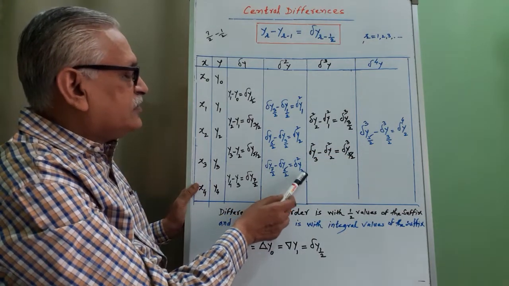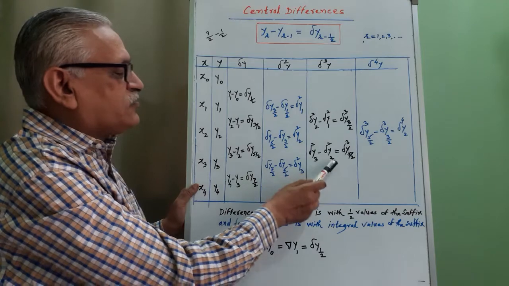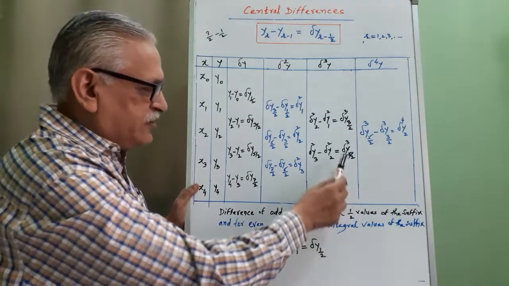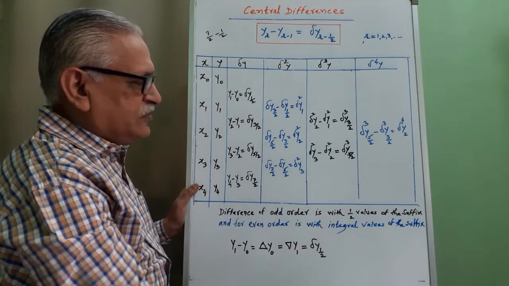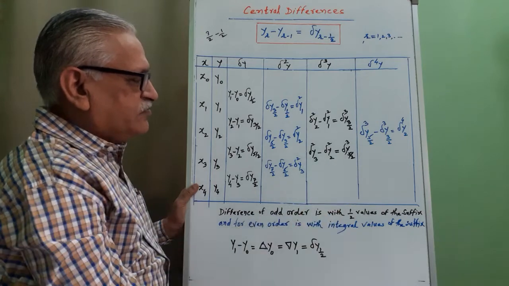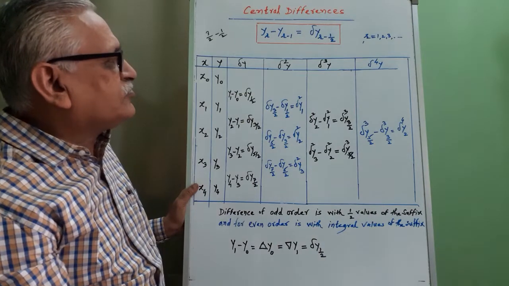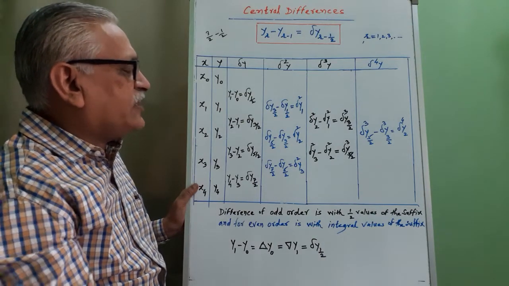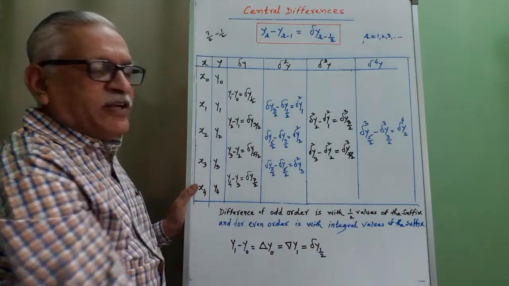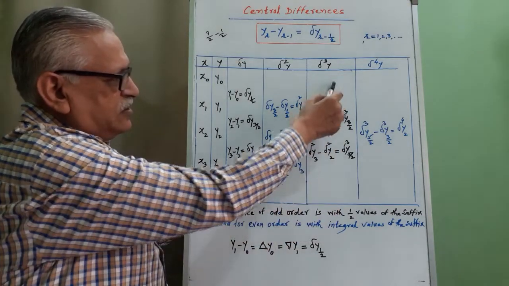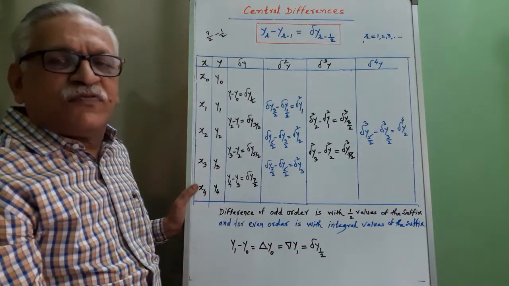Next, del square y3 minus del square y2 is del cube y with suffix 3 minus 1 by 2, which is 6 minus 1, that is 5 by 2. Del cube y 5 by 2. Therefore, this is the column of third order differences.